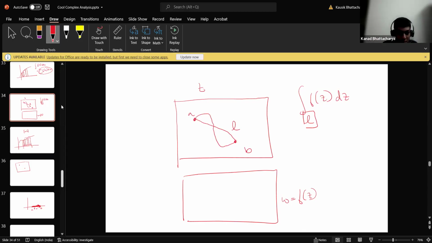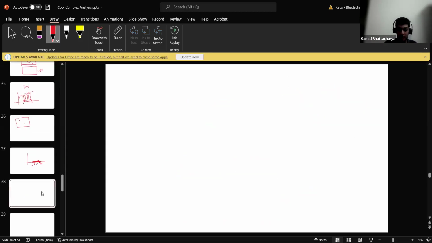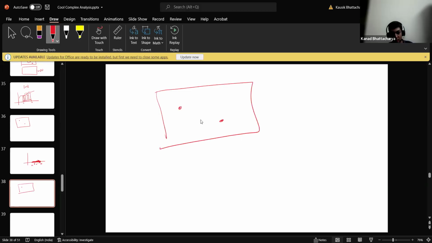So now, what do we really mean by integrating over a path? We'll be only looking at paths which are sufficiently smooth. We look at when we can basically parameterize this path, L, with some parameter t.